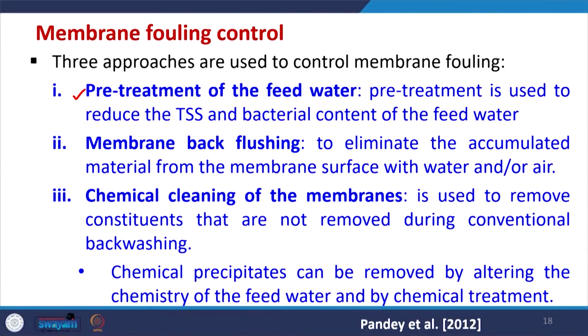We will try to solve some equations in the next lecture, but before that we will see how the membrane fouling etcetera can be controlled. There are three approaches used to control membrane fouling. If we have to avoid membrane fouling and the water contains a lot of particles, we have to pre-treat the feed water. Pre-treatment is used to reduce the total suspended solids and bacterial content of the feed water.